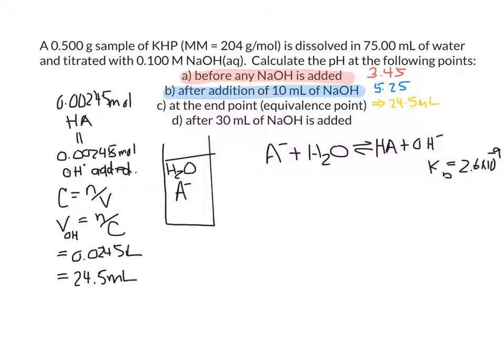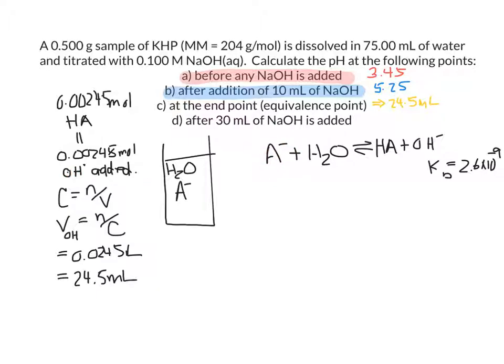To find the pH at this equivalence point, we'll need to know what our initial concentration of A minus is in this beaker when we're at the equivalence point. After we've added 24.5 milliliters of solution to our 75 milliliters and made 0.0025 moles of this conjugate base. Remember that if we started with 0.0025 moles of the acid and added 0.0025 moles of OH minus, we will have made exactly 0.0025 moles of the A minus, because every one of these will react with one of these to form an A minus.